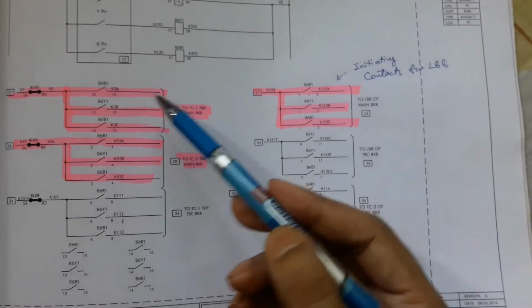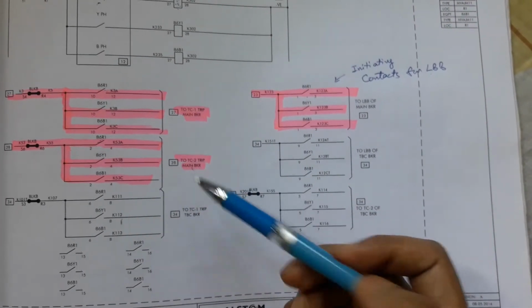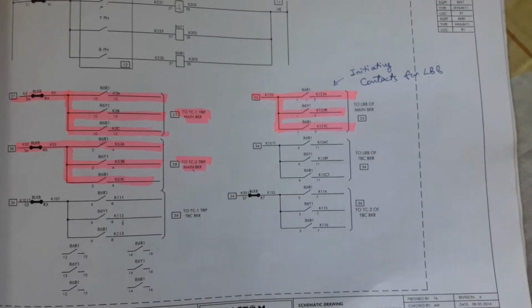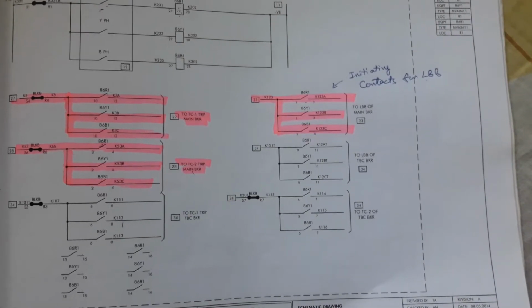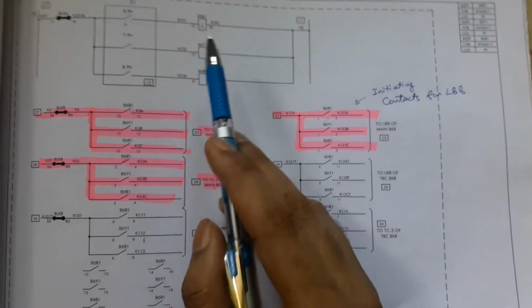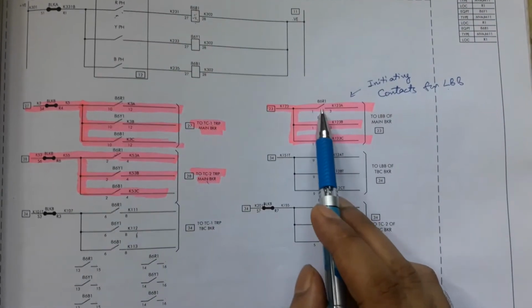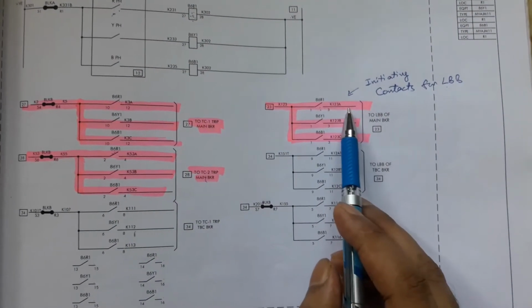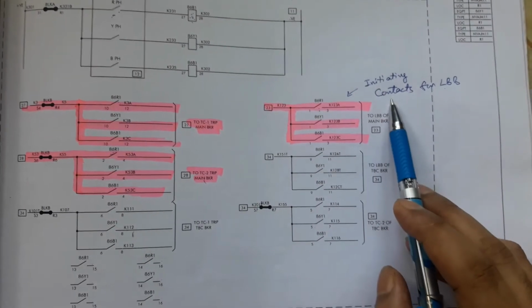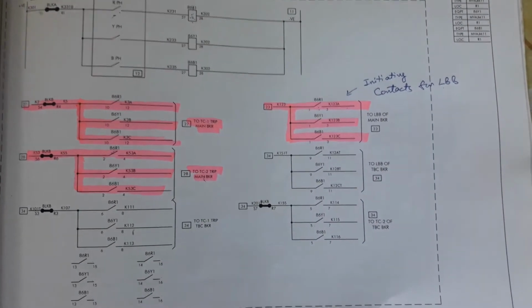On getting the trip pulse, this circuit breaker should trip or clear the fault within 100 milliseconds. On operation of this 86 relay, this contact will also make simultaneously to provide an initiating pulse to the LBB relay.